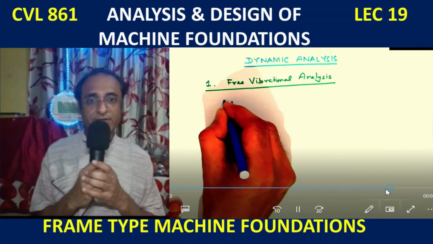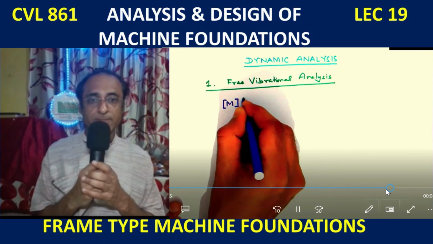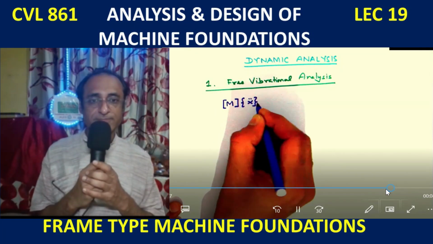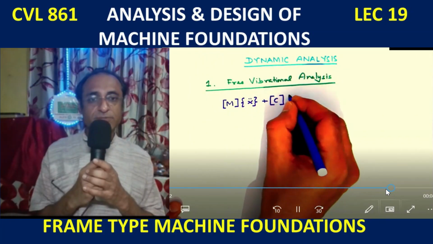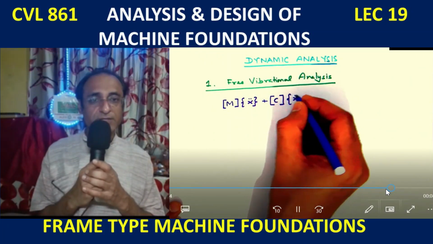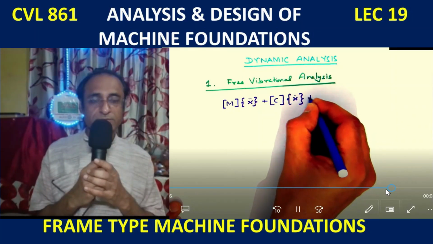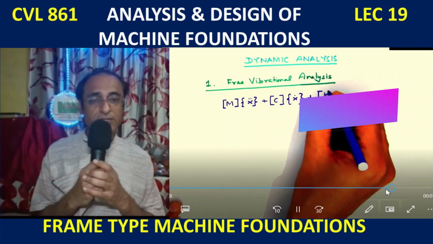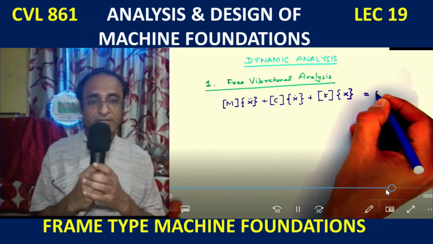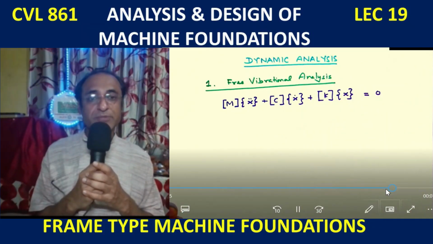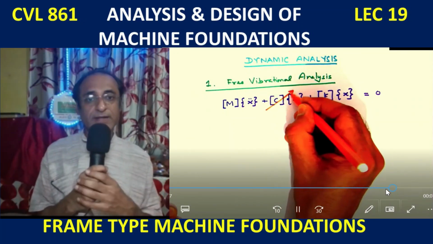So here we just ignore the damping and our model is like this. Essentially we need the mass matrix and the stiffness matrix. Damping matrix we are ignoring anyway. This eigenvalue problem you can very easily solve using the program you had developed in your advanced structural analysis. This is the free vibration analysis, meaning there is no force, so damping is ignored.